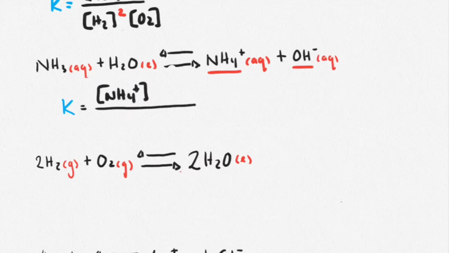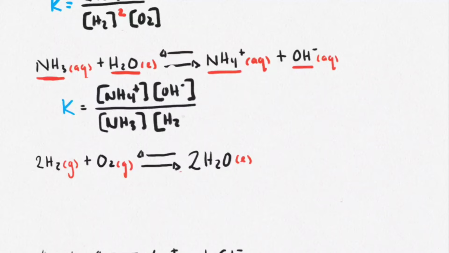Go ahead and copy that down. Its coefficient is also 1, so I don't have to write that out. Then go ahead and write down my reactants, which is NH3. And then I have my H2O here. Coefficient is also 1, but I don't have to write that out.